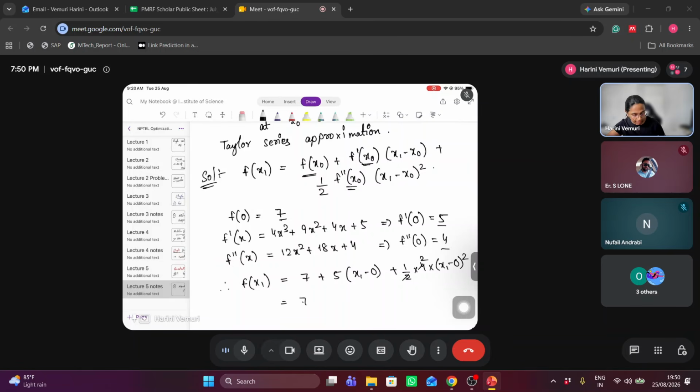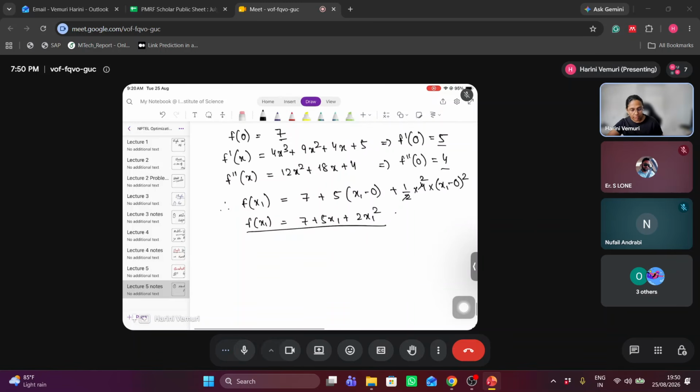So it's 7 plus 5x1 plus 2x1 square. This is the problem. Okay. So in this case, we first find where f1 dash of x is equal to 0. Then we will see whether at that particular x star value we have an optima or not.